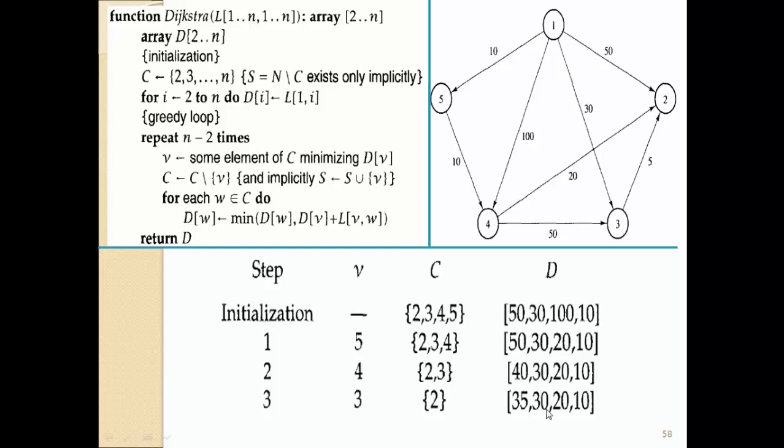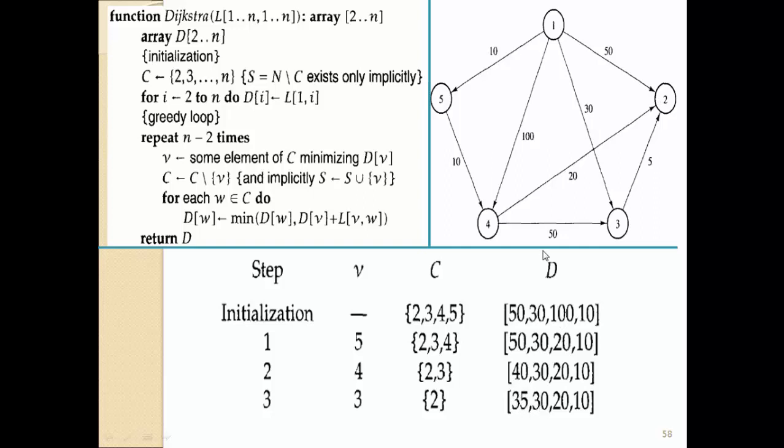So the last row, which has different values like 35, 30, 20, and 10, this is the minimum length of the shortest path from 1 to 2, 1 to 3, 1 to 4, and 1 to 5. It indicates that if you want to reach from 1 to 2, we have another path which has a minimum length 35.